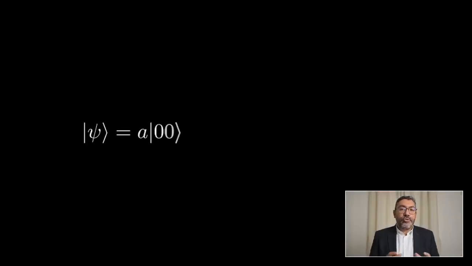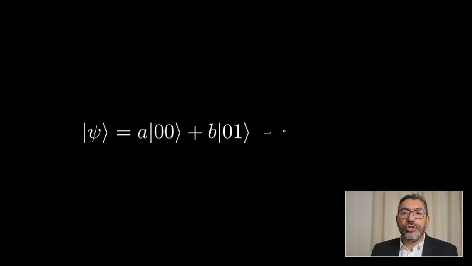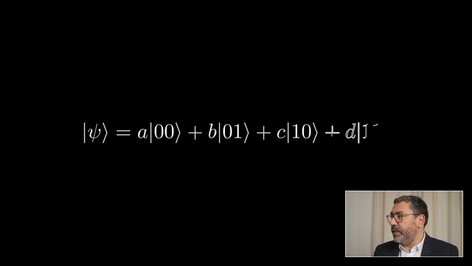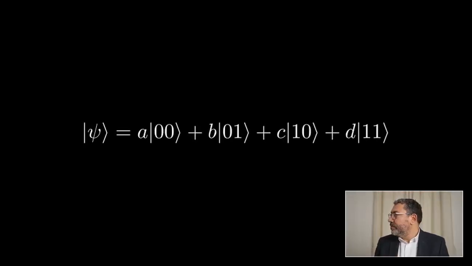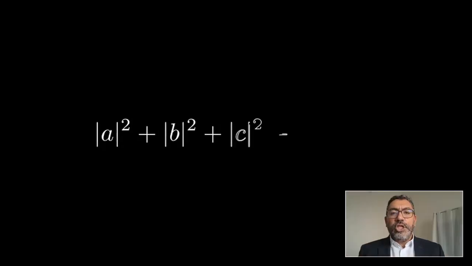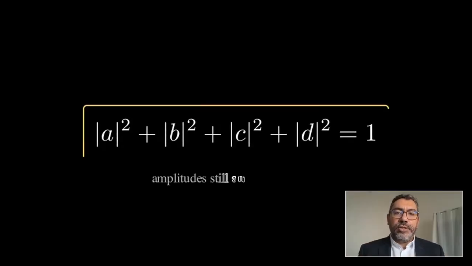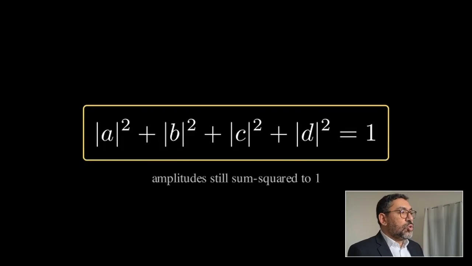So the state of two qubits can be a combination of all four possibilities. Each possibility has its own amplitude. And again, the squared sizes of all amplitudes must add to 1.